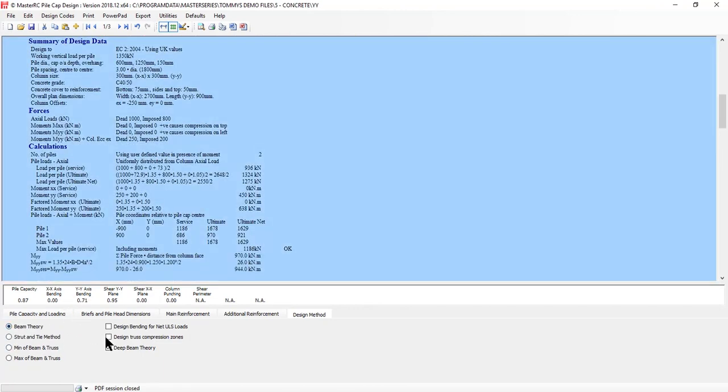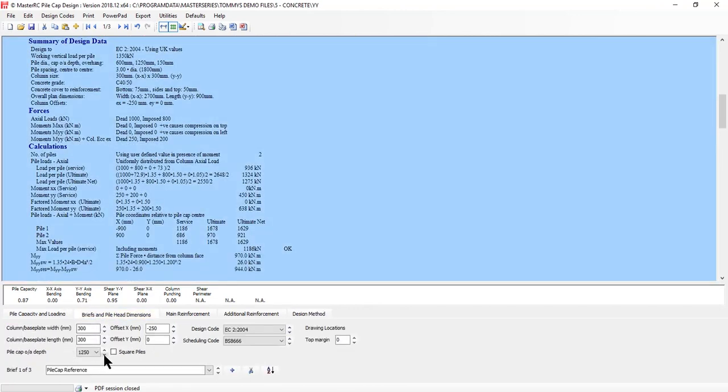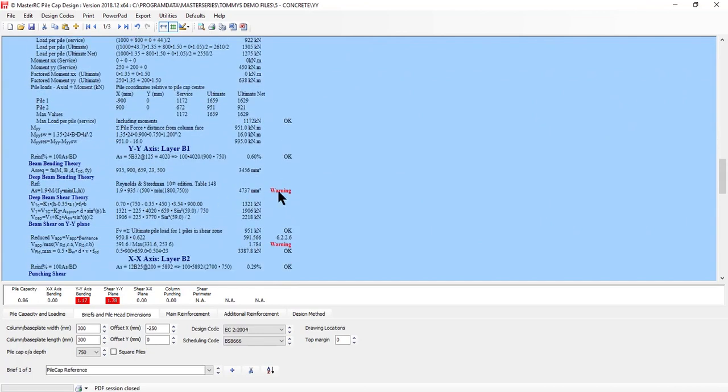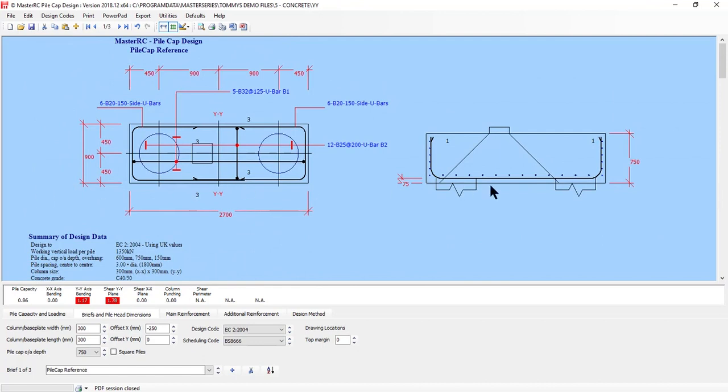So if I go back to beam theory and I take this and I reduce, so we're not getting a beam theory warning, we're just getting our deep beam design. So although it's a beam, it's still a deep beam due to its span. So it is again checking it using the deep beam theories.